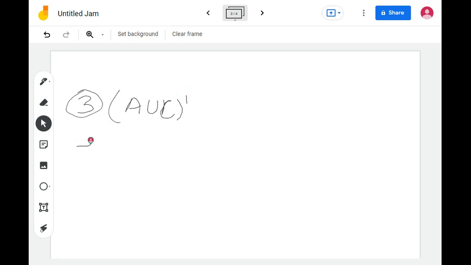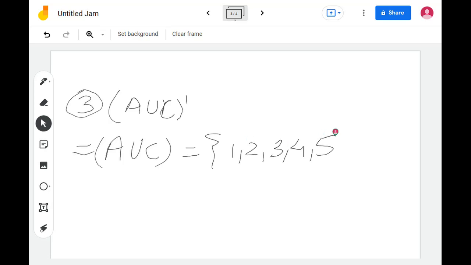First we make A union C. A is 1 2 3 4 and C is 3 4 5 6. So the union is 1 2 3 4 5 and 6. Now we have to find the complement. The formula is universal minus A union C.